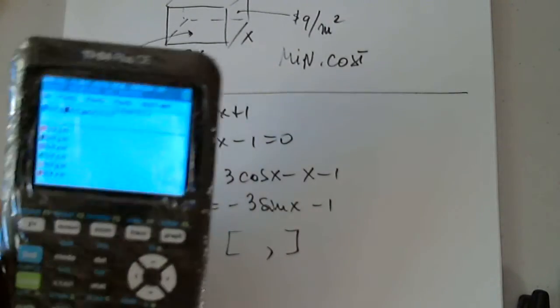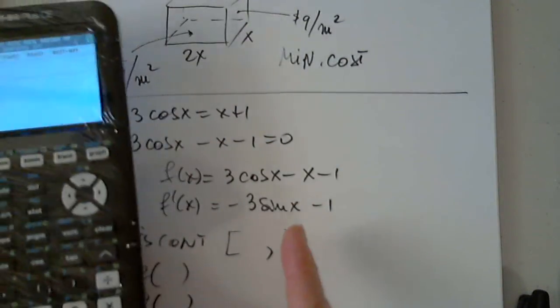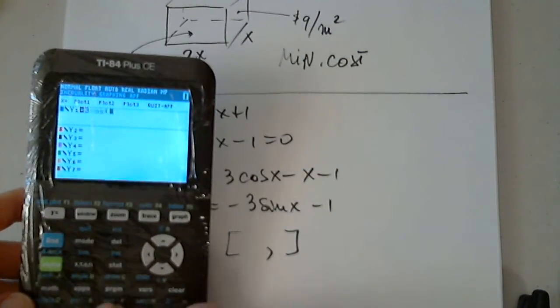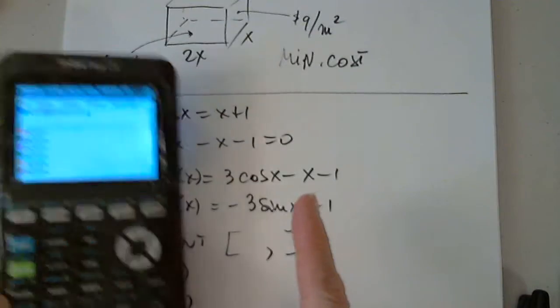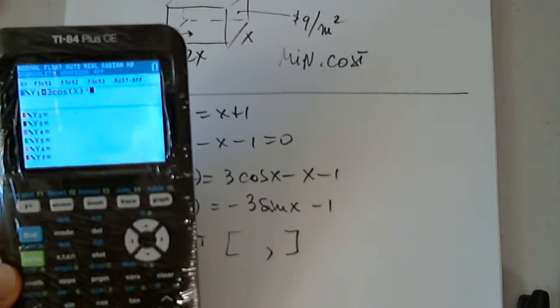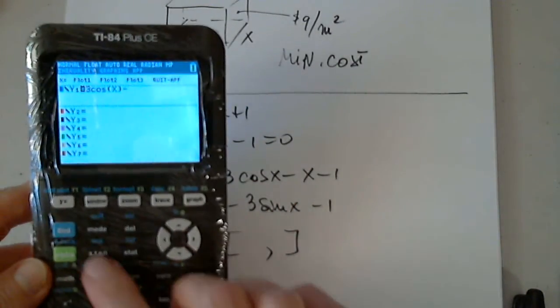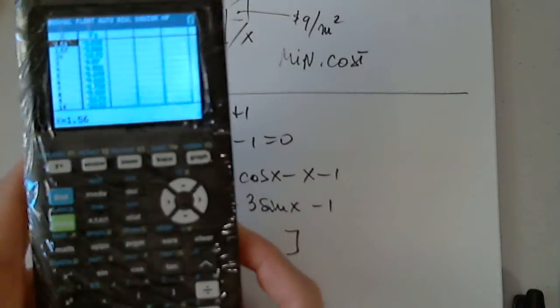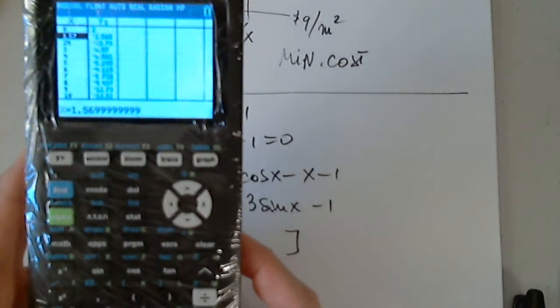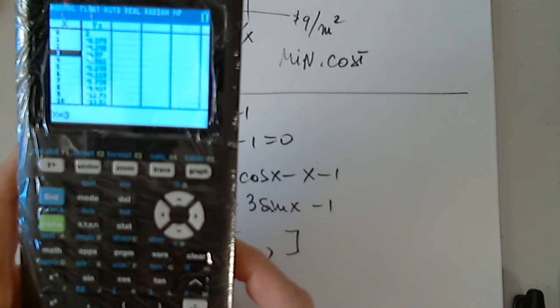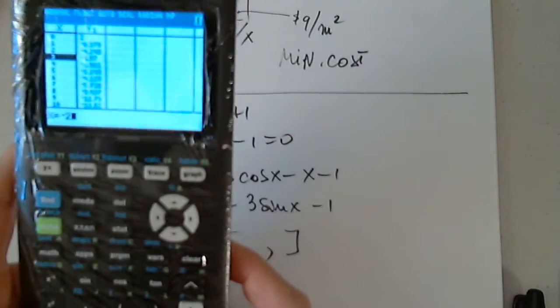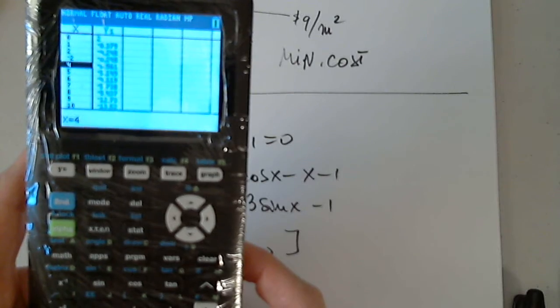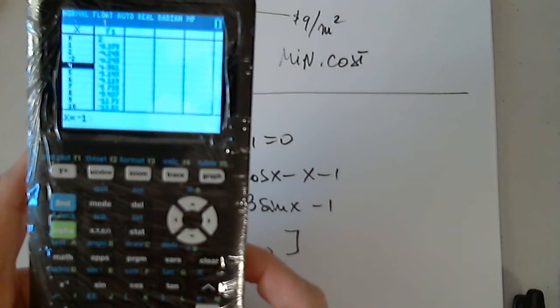So I plug in the function, and that is 3 cosine x minus x minus 1. With second and table, I'll start slow, like 0 and then 1 and then 2. Or I go to negative 2 and negative 1.